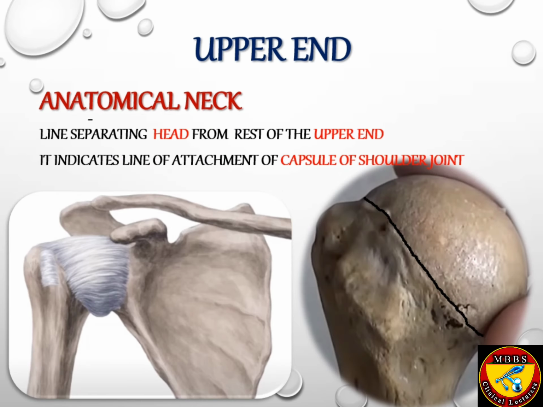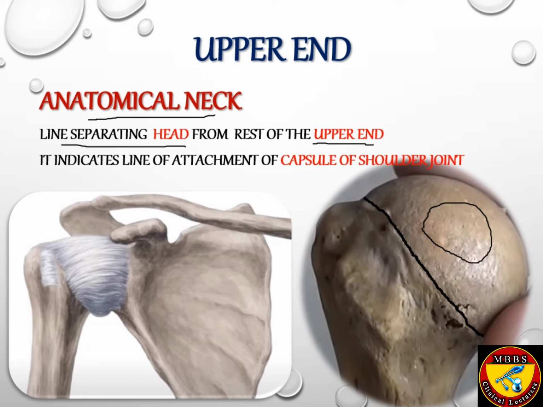Anatomical neck. As you can see, this black line separates the head from the rest of the upper end of the bone. It is a sort of line of demarcation between the head and the rest of the upper end.